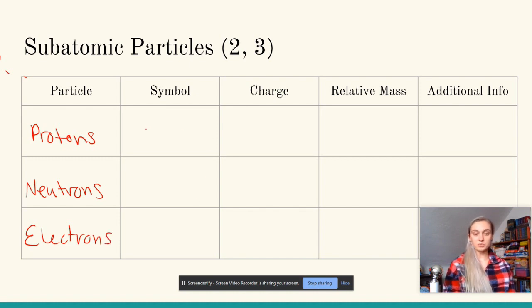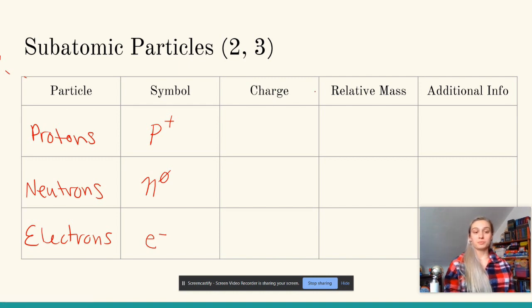Okay, and the symbols are the first letter of each one of these words with what their charge is. So for protons, it's P+. For neutrons, it's N, 0. That's a 0, that's why I put the dash through it. And remember, neutrons don't have a charge. They're neutral. And then we have electrons, which are E-.